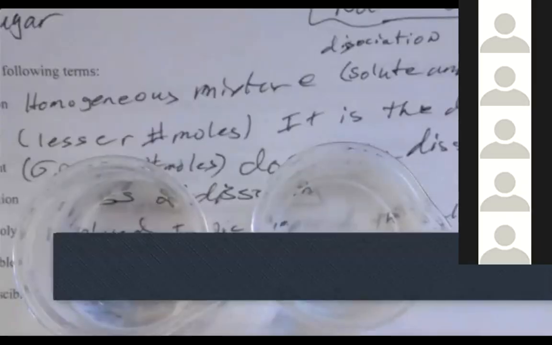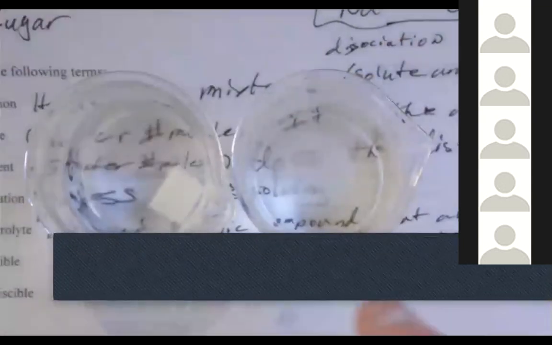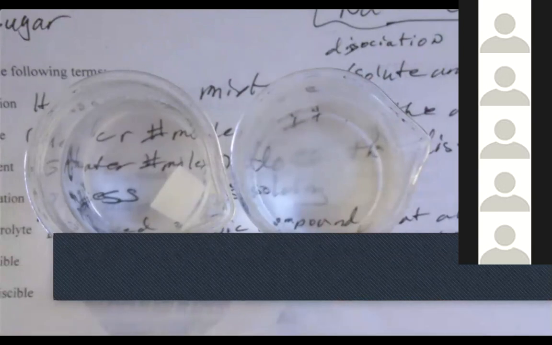If we take a look at these two things, this was water, where we see that the sugar is basically dissolved. This is alcohol, where the sugar is not dissolved at all.